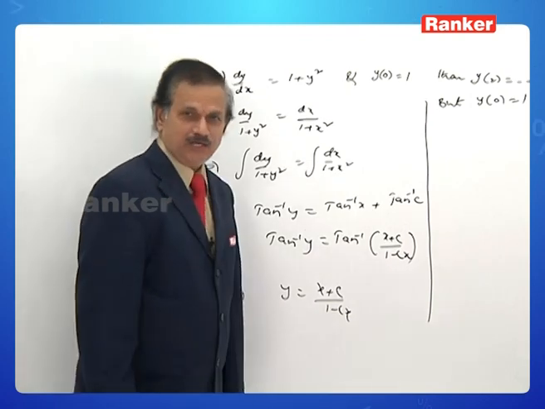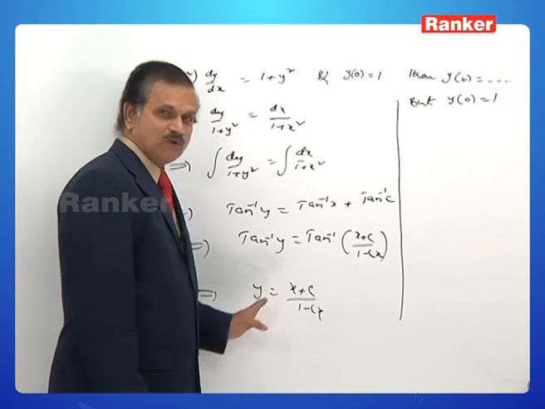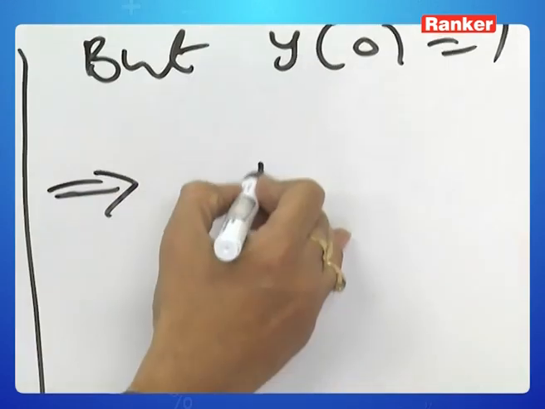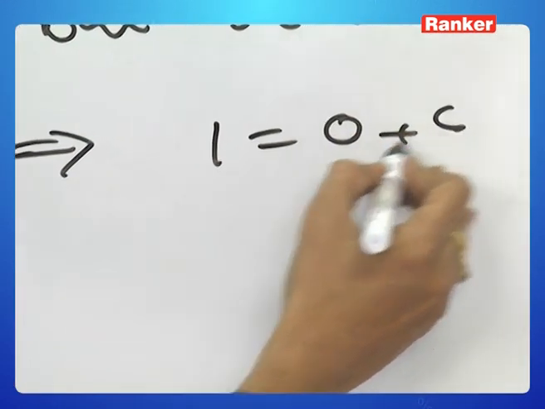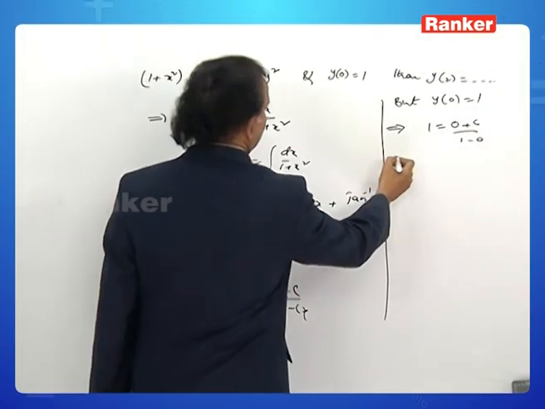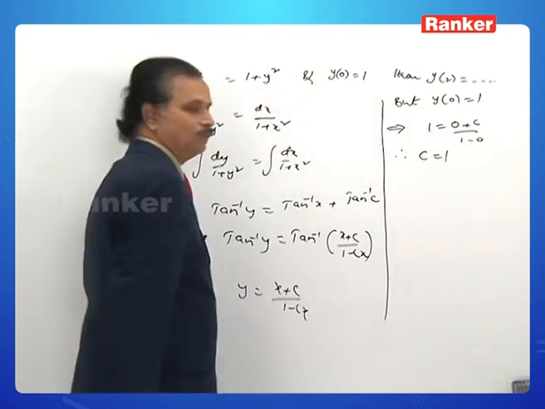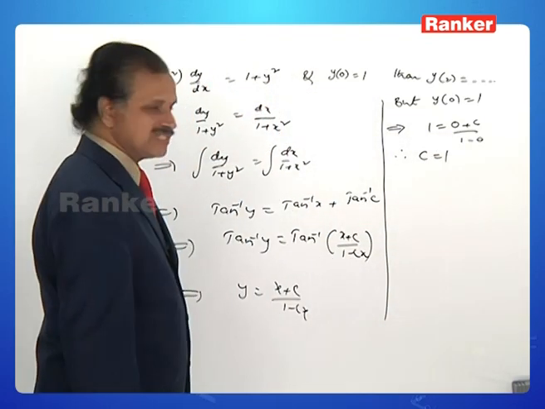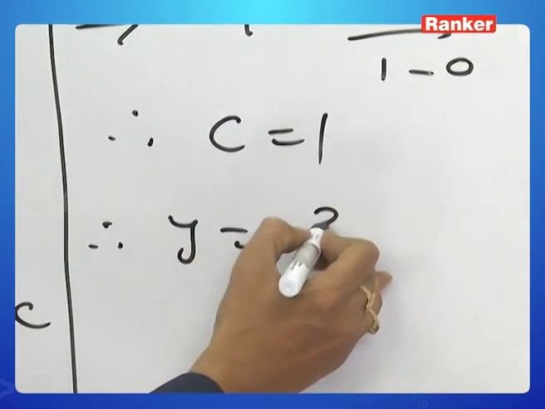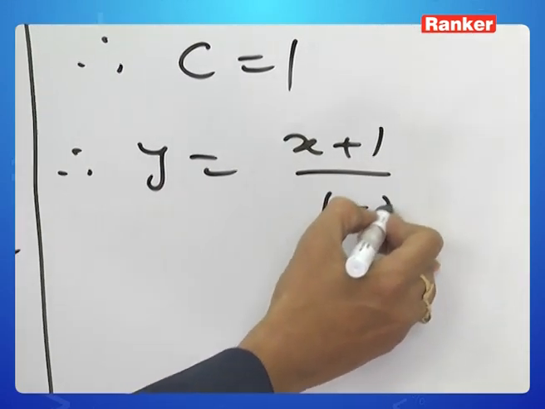That is, if x is 0, then y is 1. So what happens? 1 is equal to 0 plus c by 1 minus 0. So what can you say? c is equal to 1. As and when you see that c is equal to 1, what is y? x plus 1 by 1 minus x.